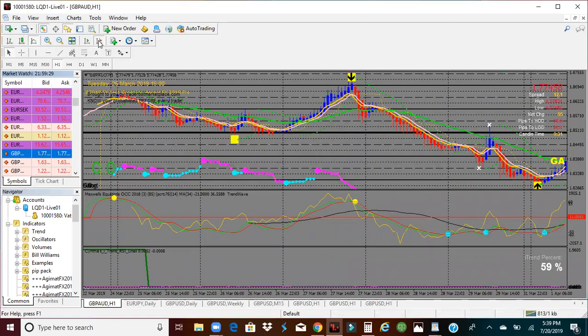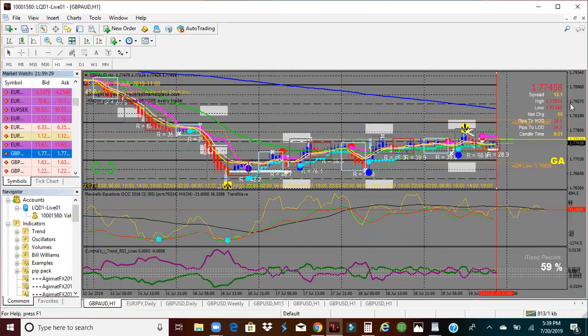I used to actually like this pair, but the spread is super wide on this pair. I try to stick with pairs that have very low spreads. This pair looks like it's consolidating, but you could have caught very good pips out of this. See, this is still giving you very good pips.